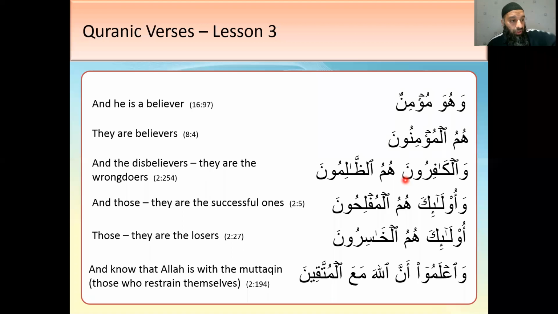Use that to figure out or understand these verses. So, wal kafiruna, and the disbelievers, hum, they, az-zalimun, zalims, the bad people, oppressors. So we see una here, plural, marfu. And hum means them.